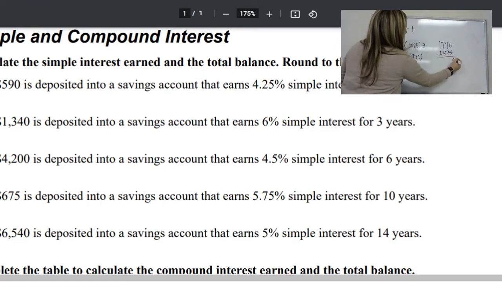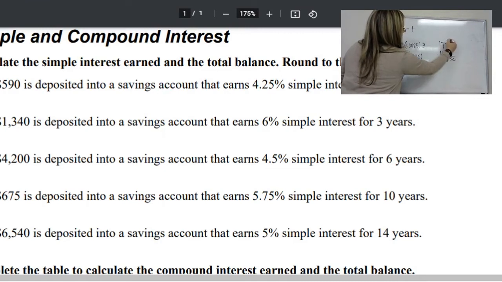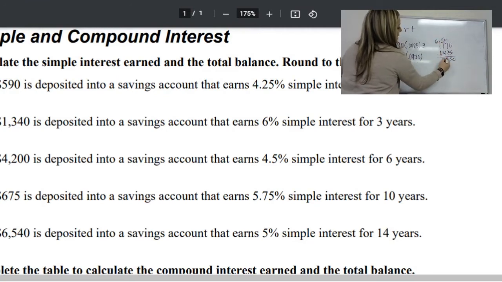5 times 0, 7 times 5 is 35. That 5 can stay, 3 got to go. 7 times 5 is 35 plus 3 is 38. 8 can stay, 3 got to go. 1 times 5 is 5 plus 3 is 8.